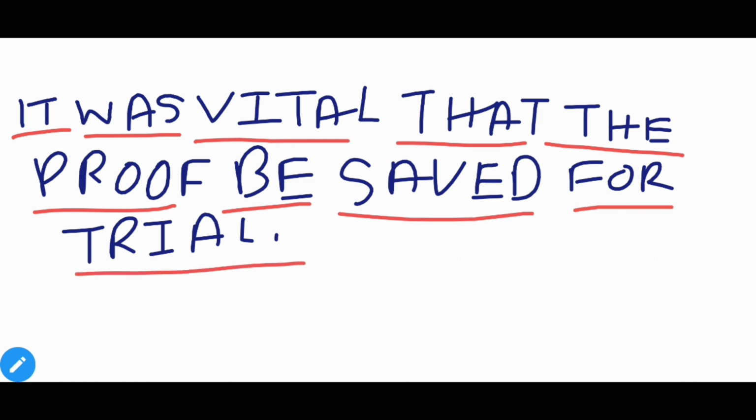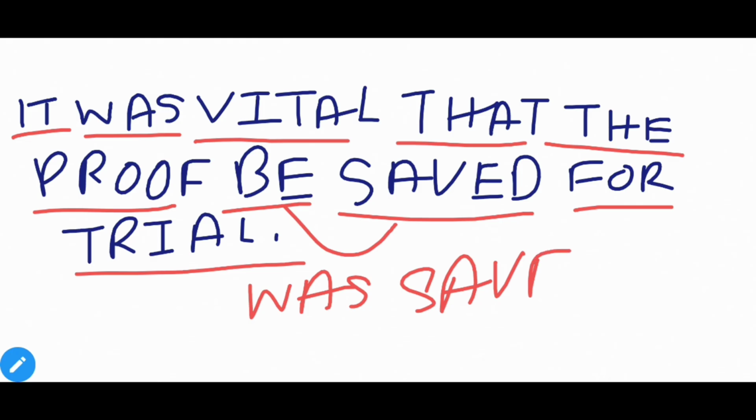Just like the previous example, be saved. In its original form we should have written was saved, but it is part of subjunctive mood because we have used vital just like essential, and in subjunctive mood we should use the base form of the main verb or any kind of verb, even if it's an auxiliary verb.